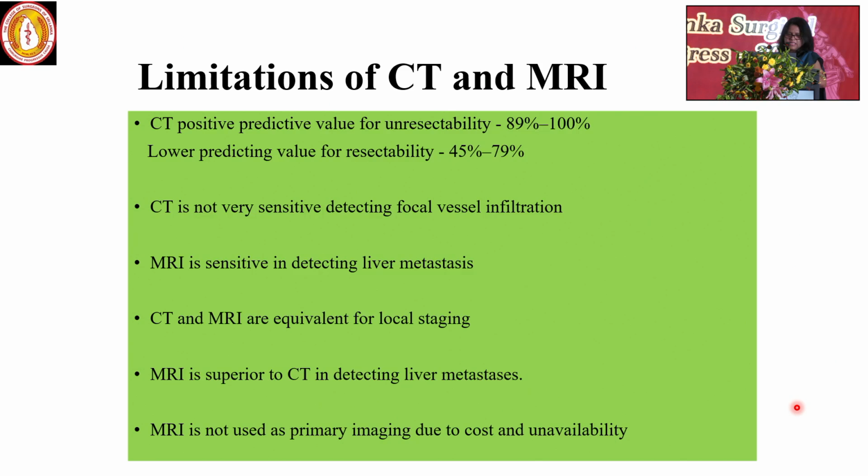So again, CT is not very sensitive in detecting focal vessel infiltration and small liver mets. MRI is very sensitive in detecting liver mets, even small ones we can detect. MRI is superior in detecting liver metastasis compared to CT. But the limitation is it is not freely available and it is costly. That is why most of the time we go with CT imaging for staging.